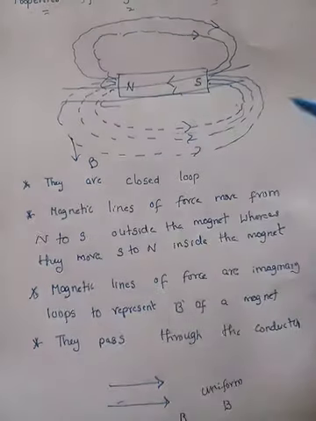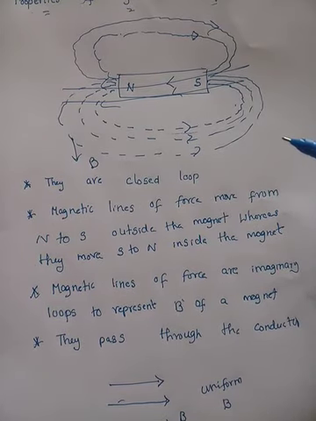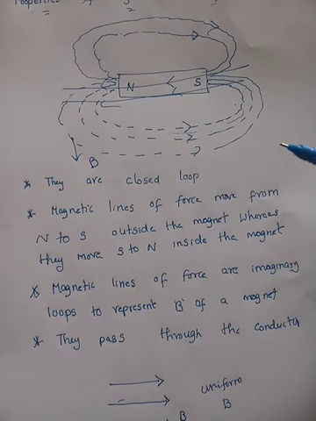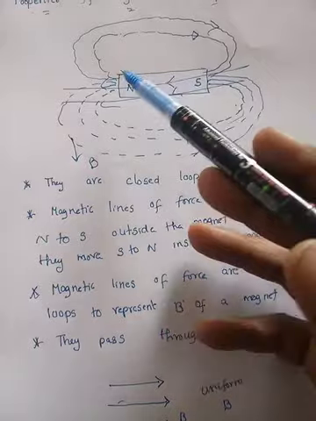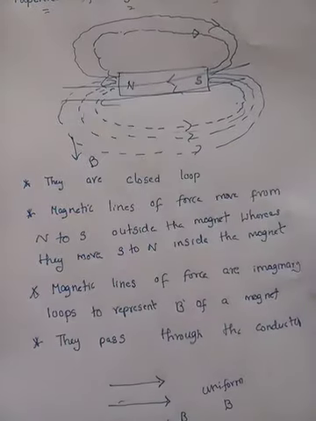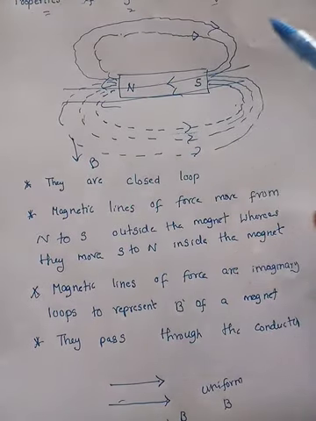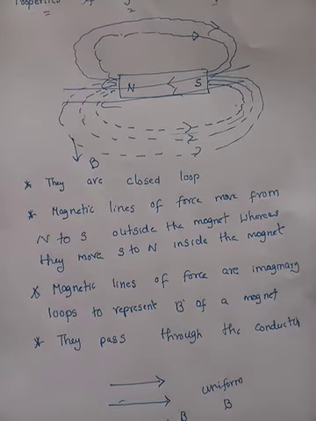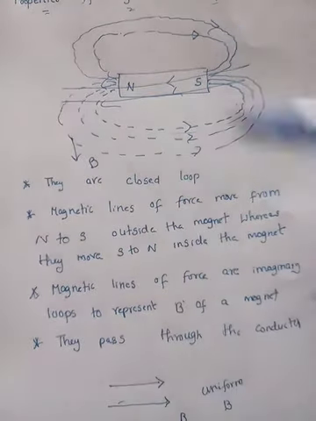Now, these are imaginary lines of force. The tangent drawn at a point gives the direction of the magnetic field at that point. Is it right? And the magnetic lines of force move from north to south outside the bar magnet. They move from south to north inside the bar magnet. Next, they pass through the conductor. They are closed loops.